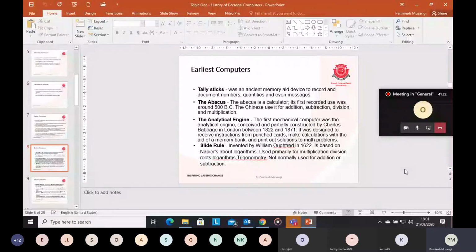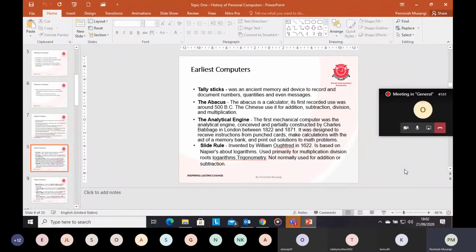Now the analytical engine brought that in. It was conceived and constructed partially by a gentleman called Charles Babbage in the years between 1822 and 1871. And this mechanical computer was designed to receive instructions from a punched card.